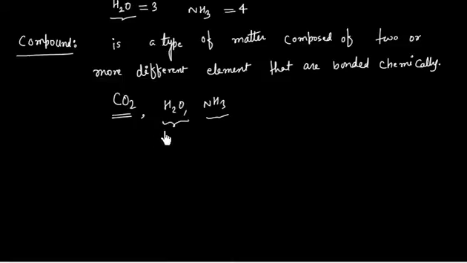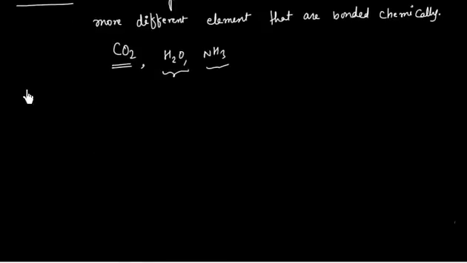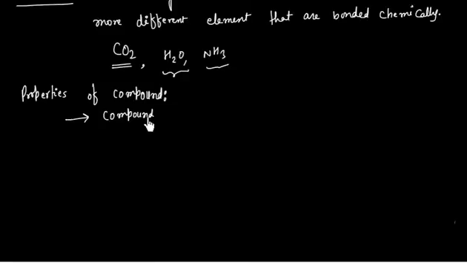We have certain fixed properties of compounds. So what are the properties of compounds? First property is, a compound always has a fixed mass ratio.